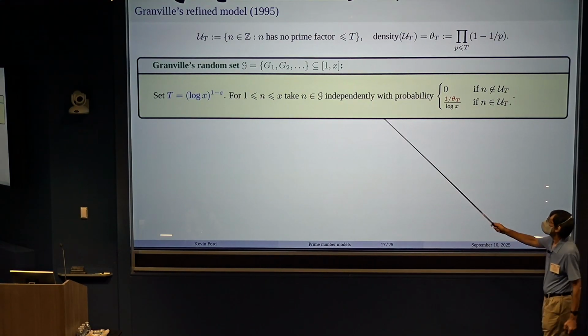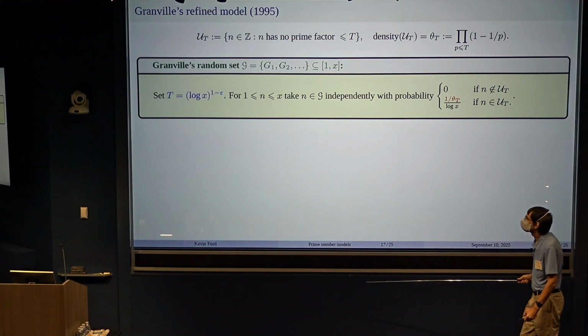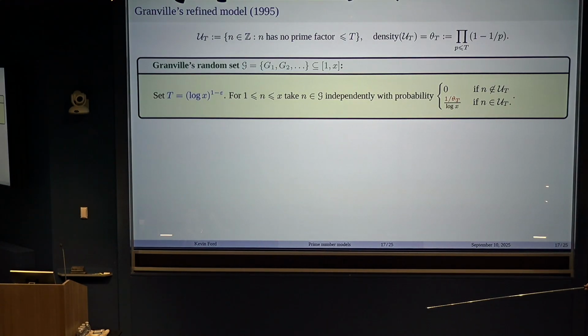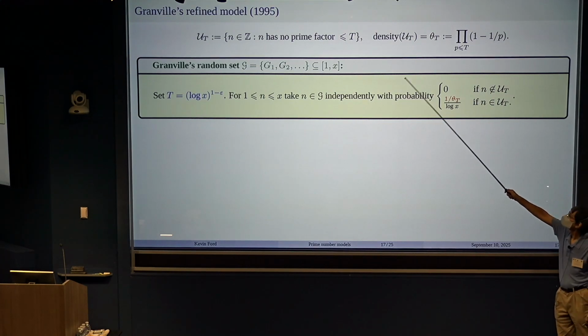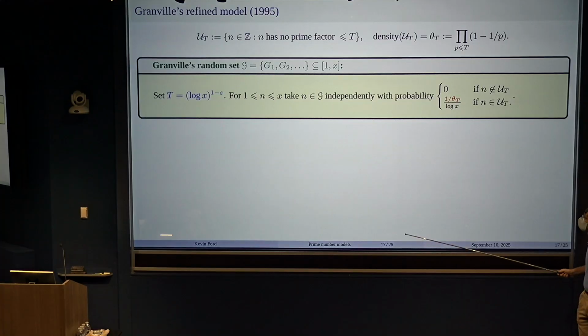We fix a large number x and take some parameter t, which grows a little bit slower than log x. Now I have this set U_t, which is the set of integers that have no prime factor below t. If n isn't in that, which means there is a prime factor below t, we just don't take those integers at all. Then we independently choose the integers that are in U_t with this probability.